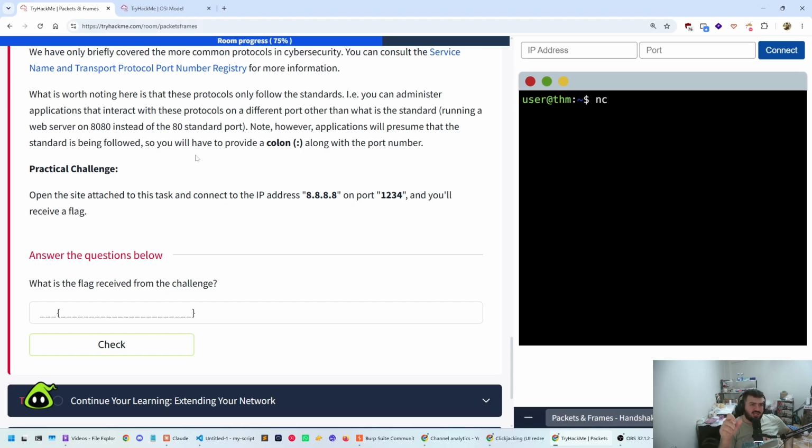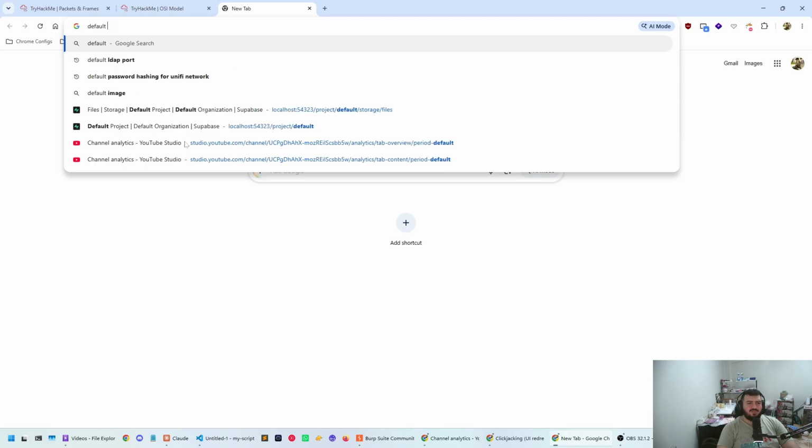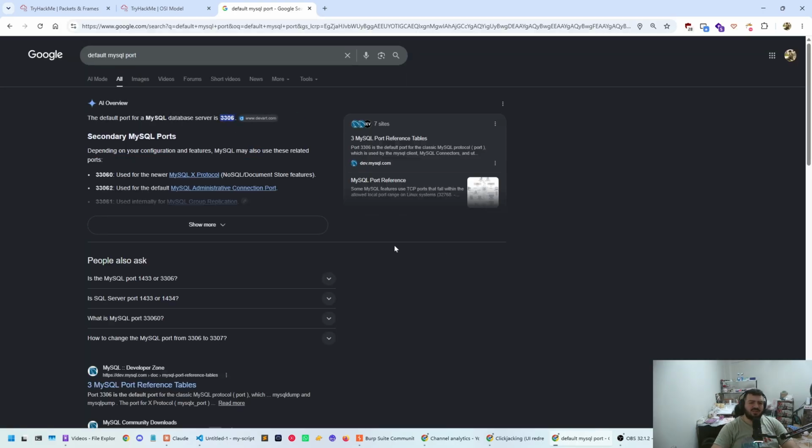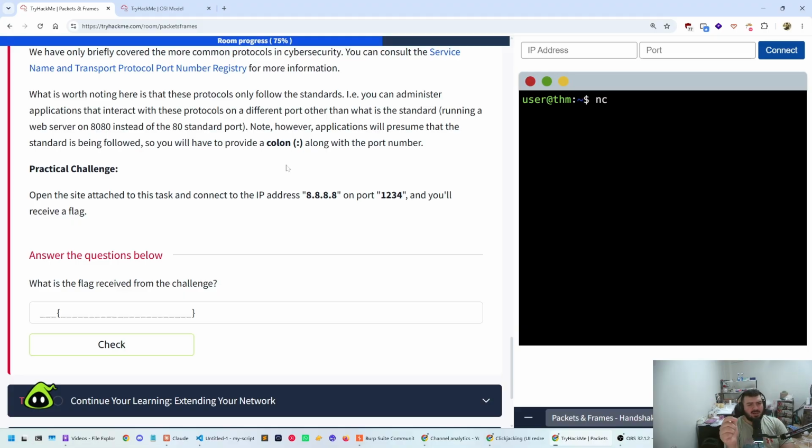The only way it knows that is by the port. So HTTP is running on port 80. MySQL is running on port, I don't even remember the default port for MySQL. Default MySQL port, it is 3306, yes. So because the connection is coming on port 80 or port 3306, it then knows that whichever application is listening for this port is the one that's going to receive this data and handle this request.